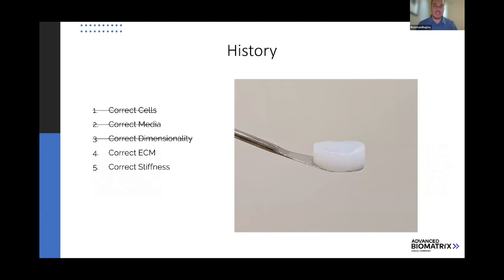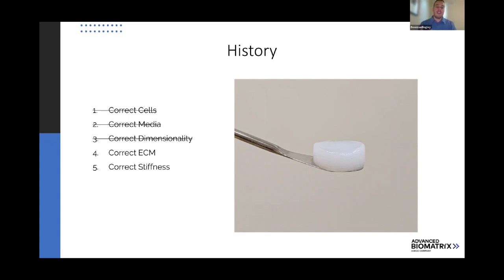Now, I hate history slides because everybody on this webinar, I'm sure, knows a lot more about the history of science than I do. So I really simplified it to just show, back in the day, it was focusing on, okay, we've got to just study these cells. And then we realized, okay, media can really change how these cells differentiate or grow. And then we started looking at, okay, maybe 2-dimensionality is not as relevant as 3-dimensionality.